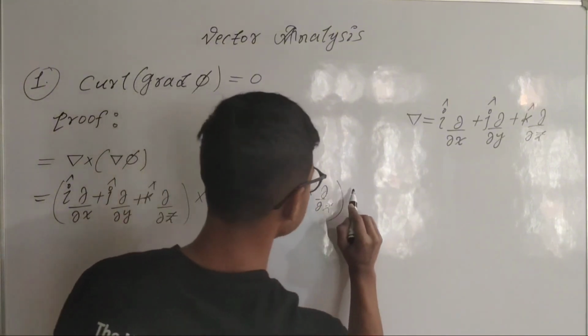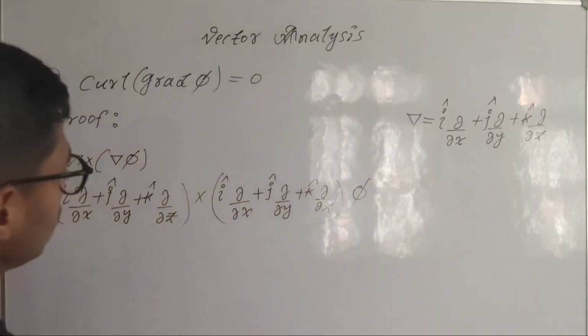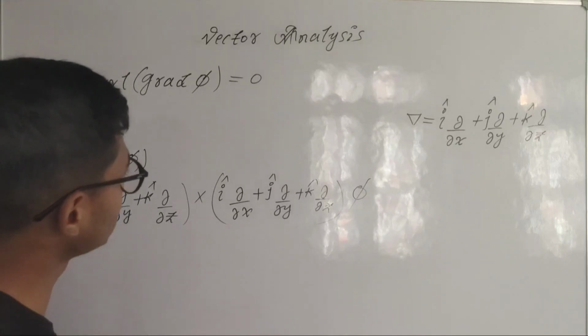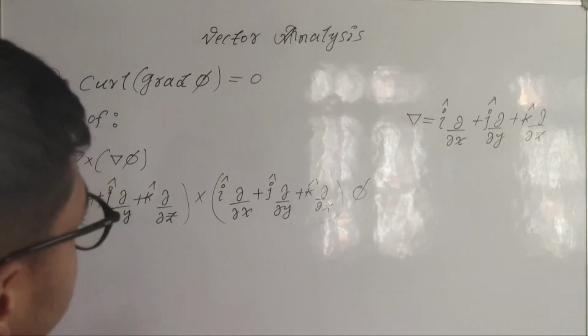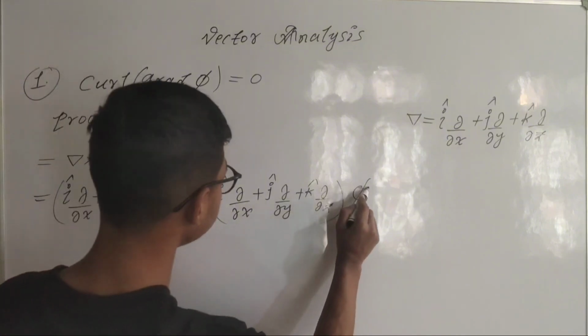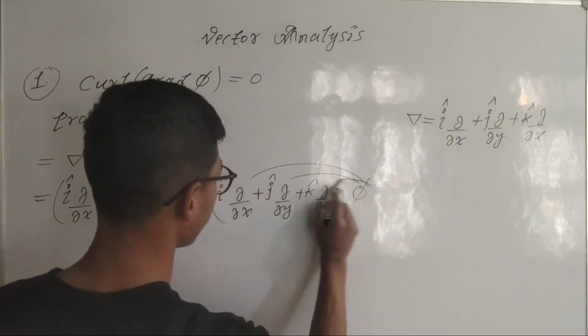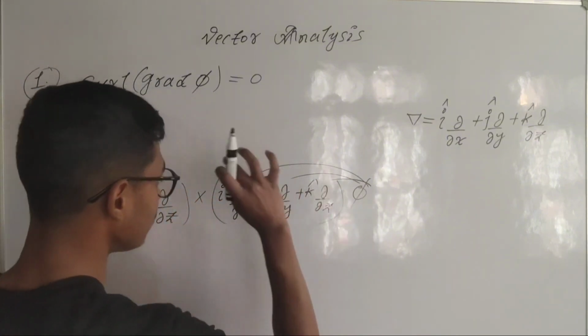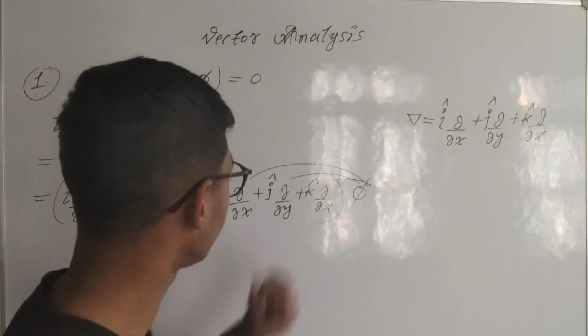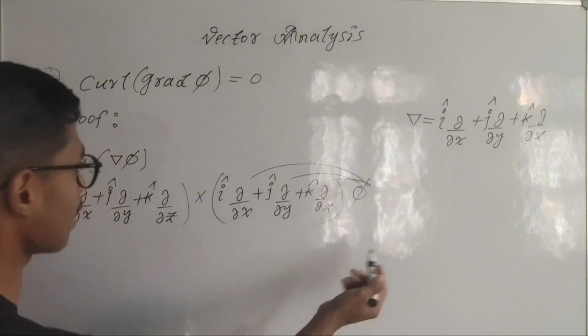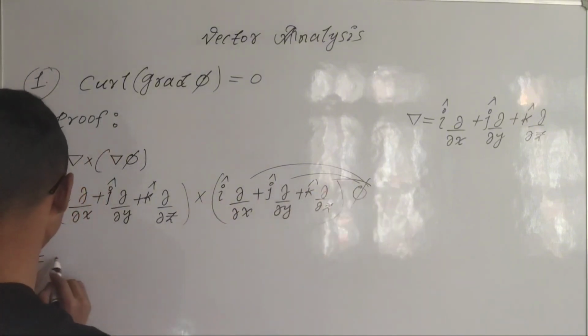From the basic arithmetic rule known as the distributive property, we have to distribute this phi to each of the terms. There are 3 terms, as there is the addition symbol here.